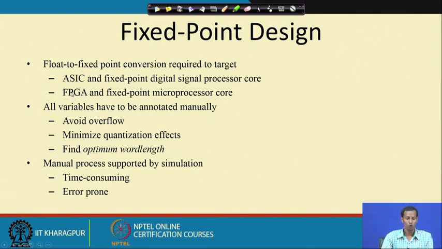Whenever we are doing that, all the variables have to be annotated manually. Why do I need to annotate manually? To avoid overflow, to minimize the quantization effects, and to find the optimum word length for implementation.